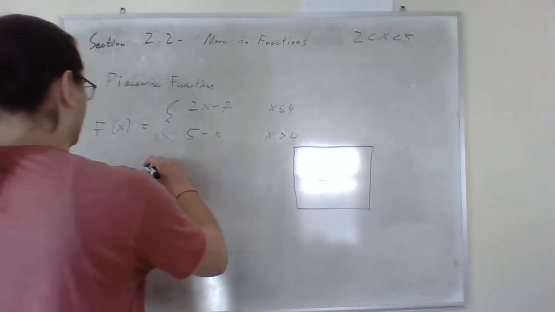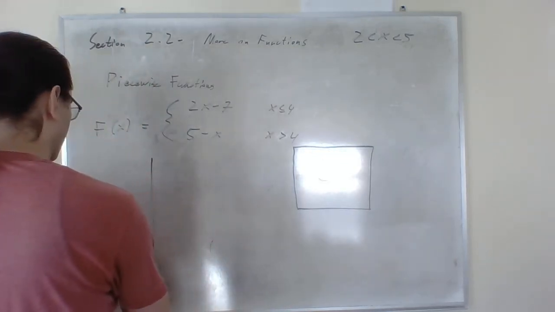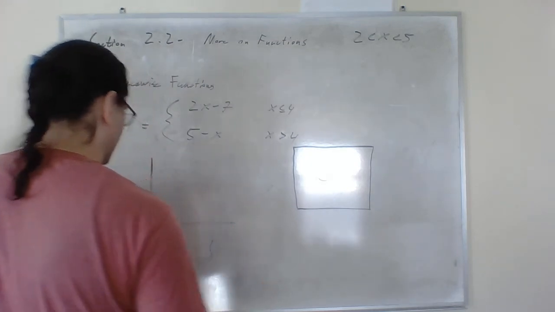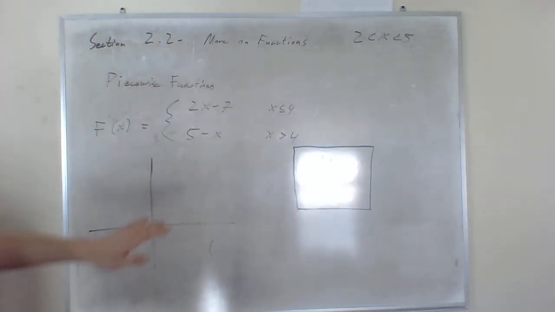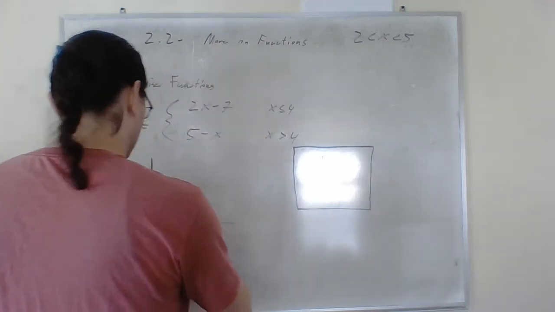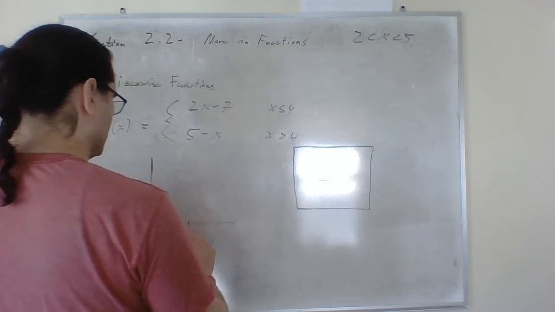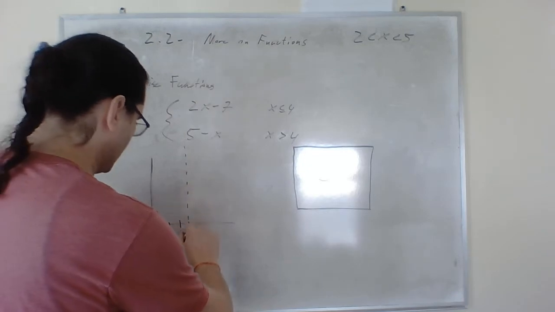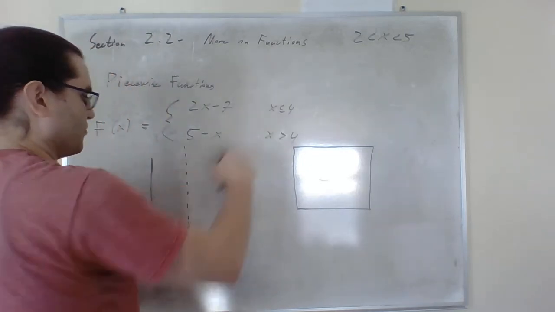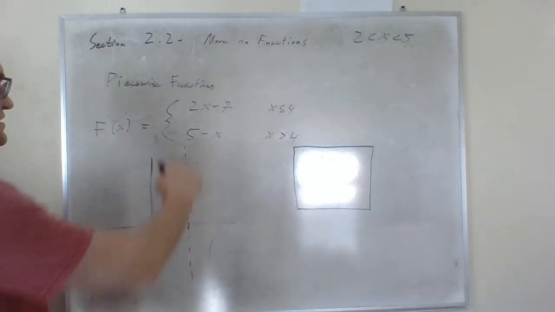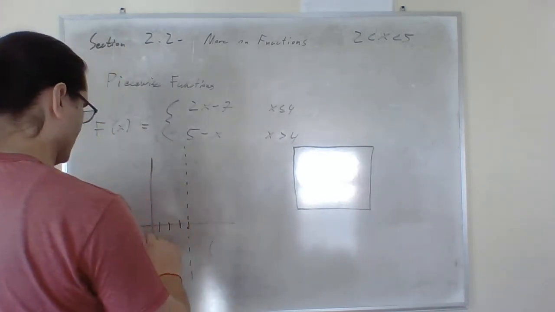So if we're going to try and draw this, if we're going to see what this function looks like or evaluate it somewhere, this is the rule that the function is going to follow until x equals 4. So this is sort of the dividing point. x equals 4 is where it switches from one rule to the other. So everything to the left of this is going to use this rule, 2x minus 7.